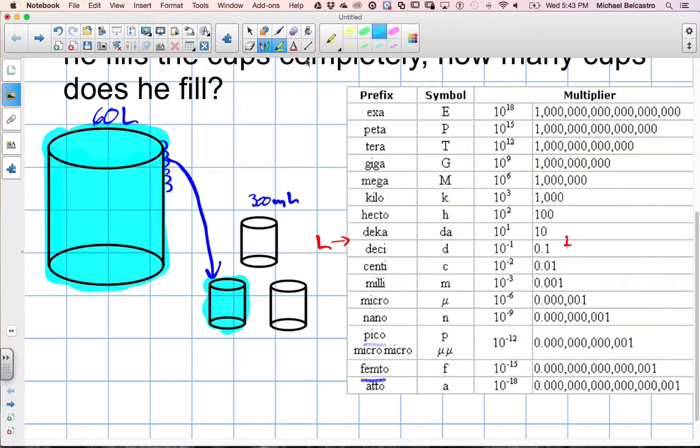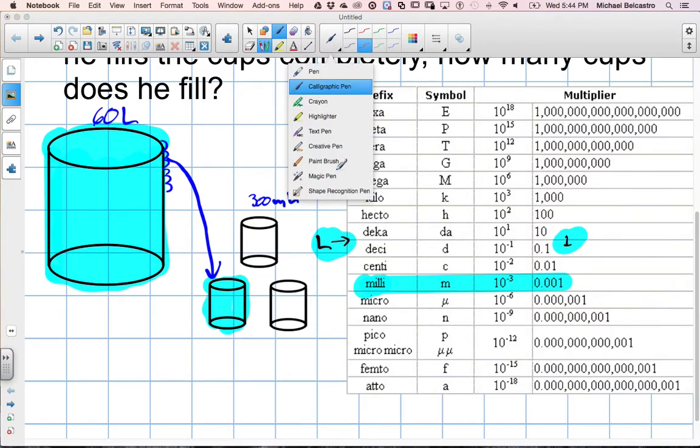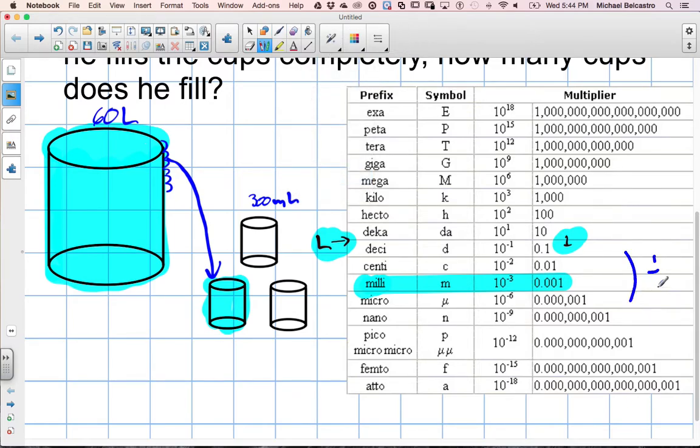There's only really two that are important: the liter, and that's what we're working with, and the milliliter. So we have to make our conversion here. Now, normally when we go down this chart, it's actually division. It depends which I want to convert into which.